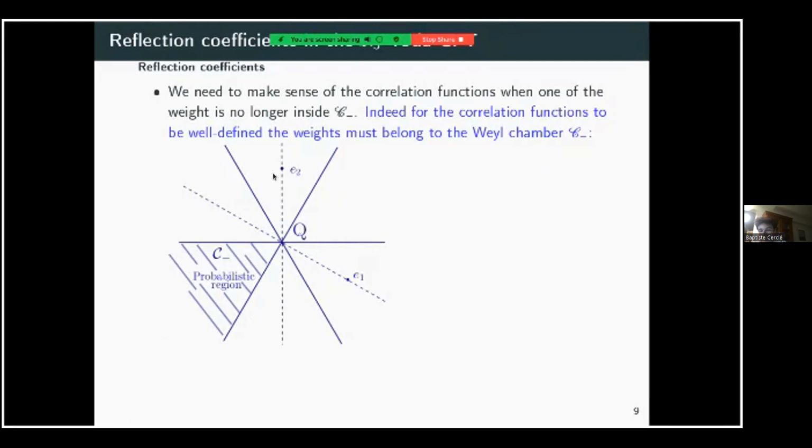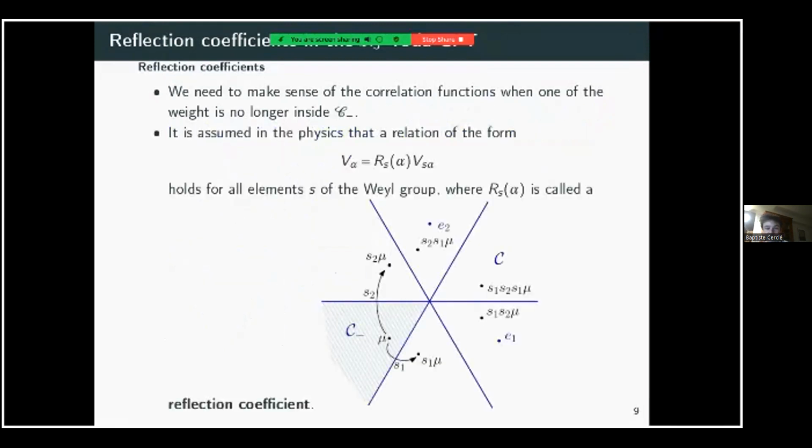For this, it is assumed in the physics that if you want to go from one such cone, such wedge, to the other, you can use the fact that you work with a Lie algebra and that there is the Weyl group, which sends this wedge to any other wedge.